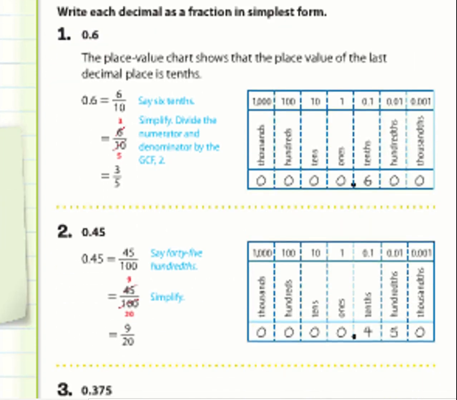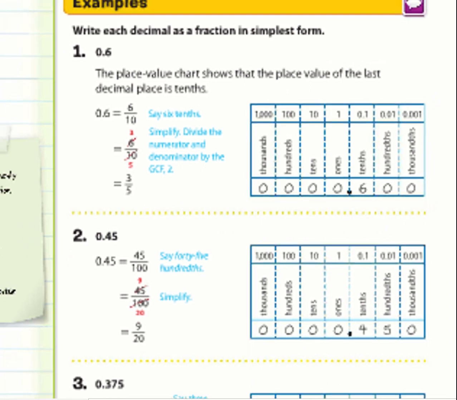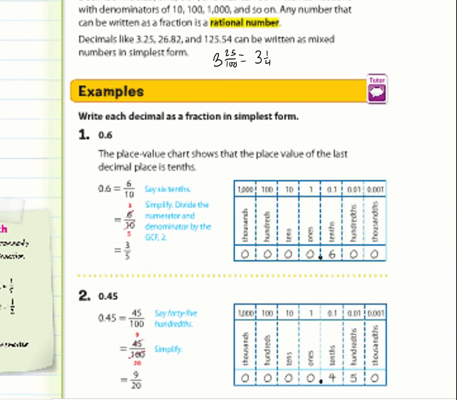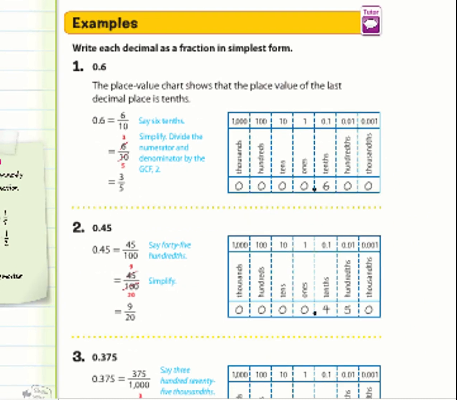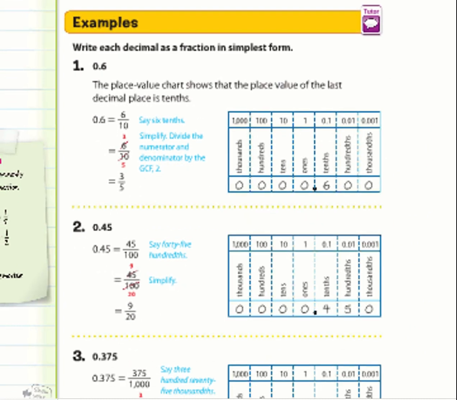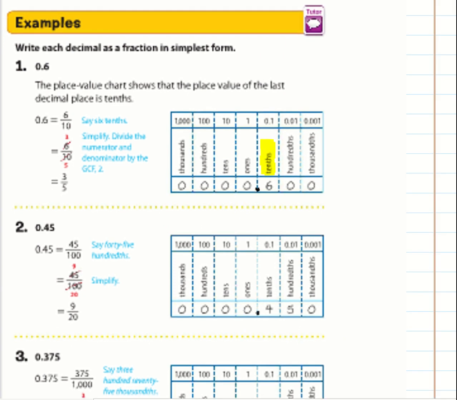So examples, write each decimal as a fraction in simplest form. So this is a little bit blurry and I do apologize. So we have 6/10. So in our little table here, here's our decimal. And our tenths place is going to be right in here. And since we're with tenths, we're going to put 6 over 10 as our denominator.